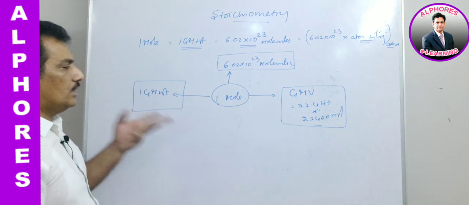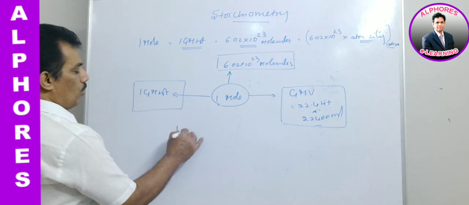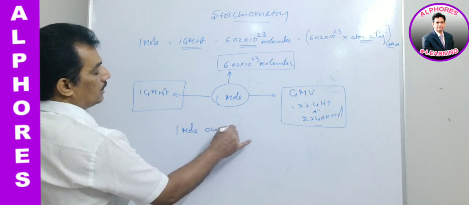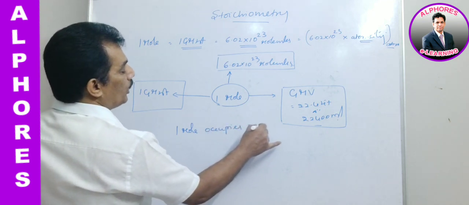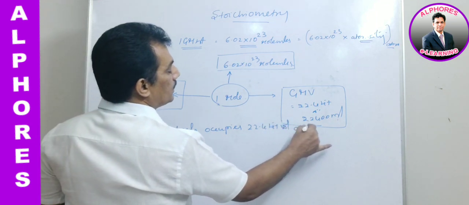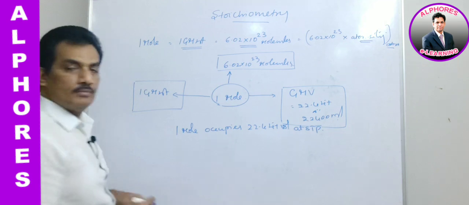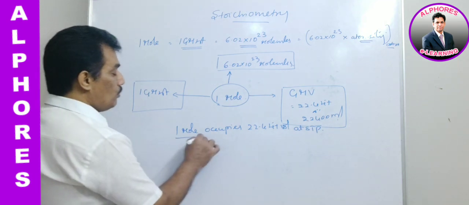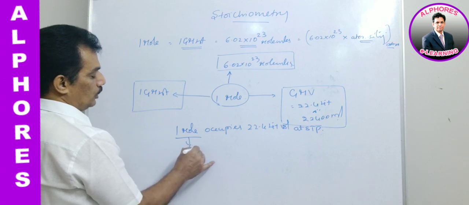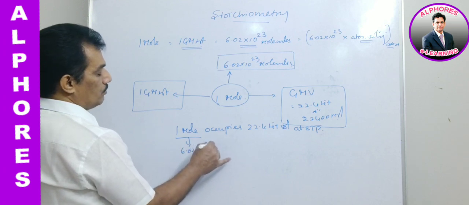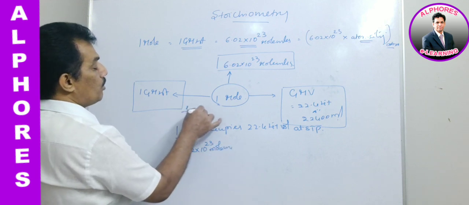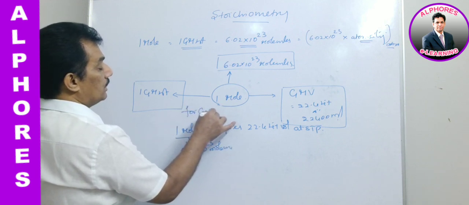Say for example, we now know that 1 mole occupies 22.4 liters volume at STP. Already we know 1 mole is nothing but 6.02 into 10 to the power of 23 molecules. It is for gases, you should not forget this.